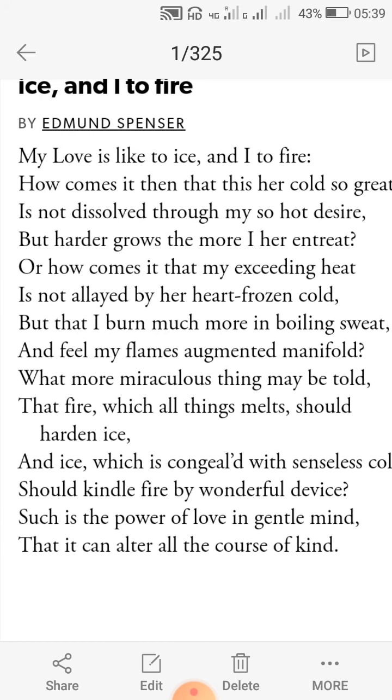Or how comes it that my exceeding heat is not allayed by her heart frozen cold? He says that the coldness of his wife cannot lessen the exceeding heat of love in the heart of the poet for his wife, but that I burn much more in boiling sweat, and feel my flames augmented manifold.